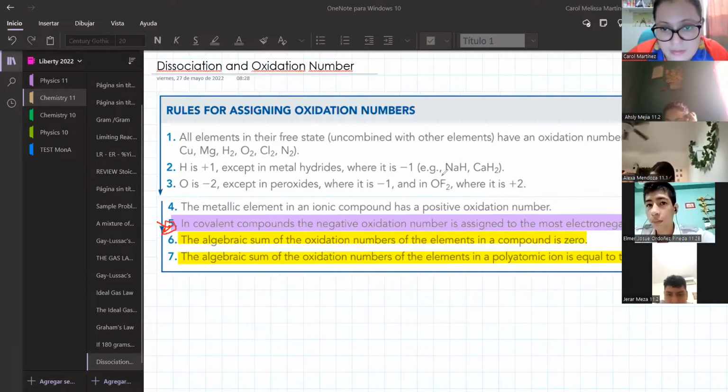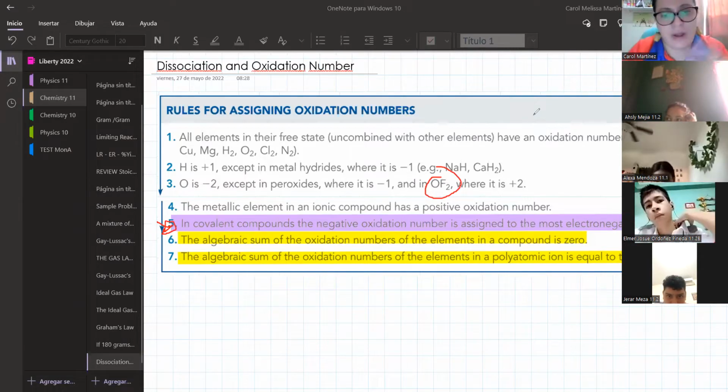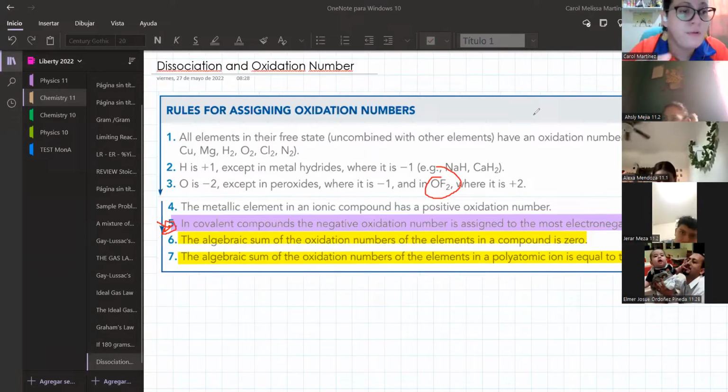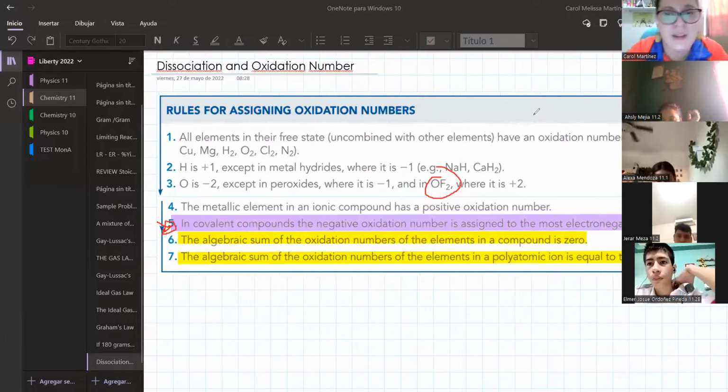So in this binary covalent compound between oxygen and fluorine, it is molecular because the two are non-metals. The most electronegative atom is fluorine, the most electronegative element in the whole periodic table.